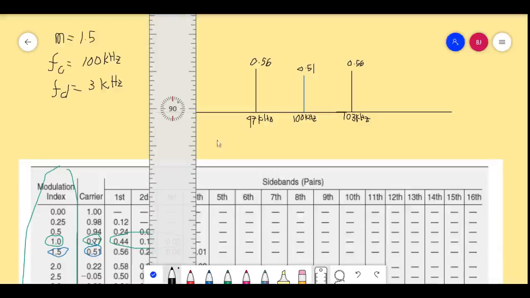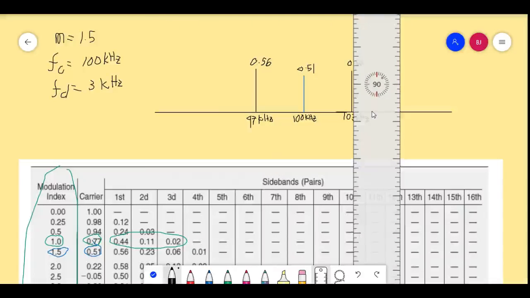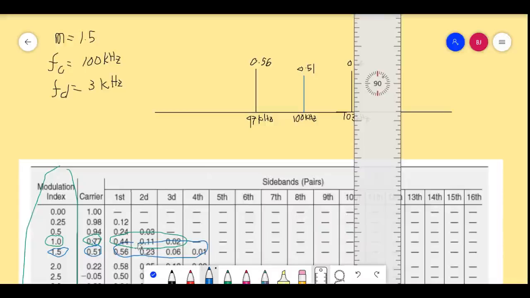Then we proceed with the next sidebands. We're just going to finish it up to the second sideband, although it actually has 4 sidebands. I'm just going to show what we do, then you can continue it later on. So the second pair of sidebands would be 0.23, or around half of our 0.56.